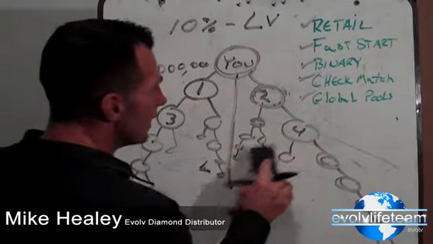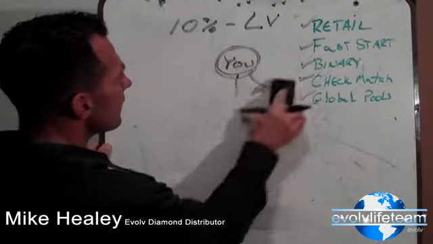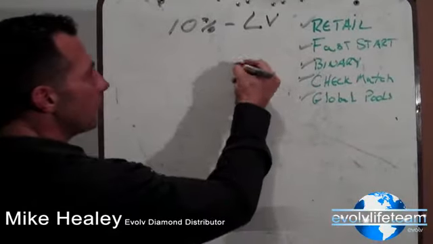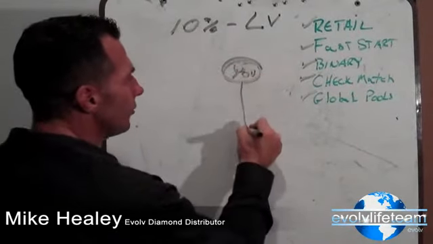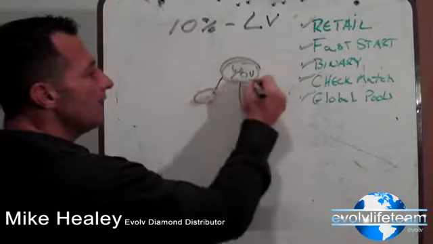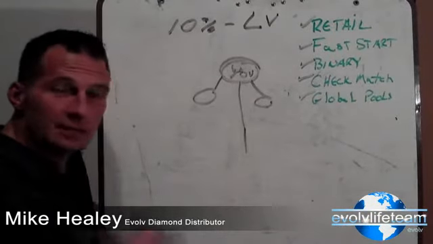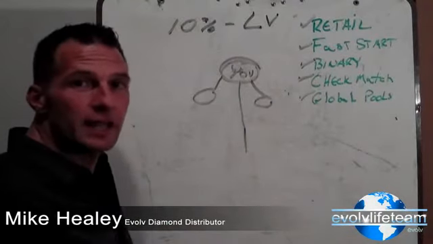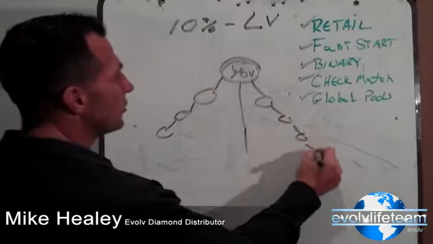But the thing is, let me clean this up just a tad again one more time, the biggest thing to remember is that if this is you, and I use these markers so often that they dry out, all you're doing is you're going left, right, left, right. Look up our teams, inquire about our thing called the pace setter, about putting 5 people on one leg and 5 people on another and so on.